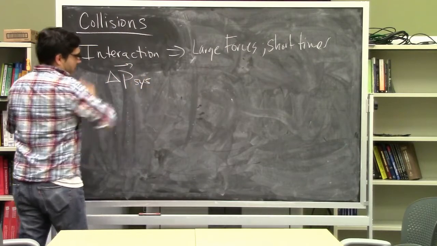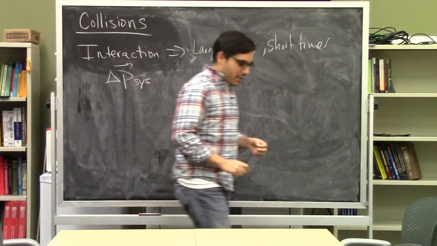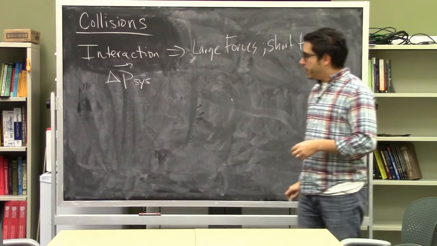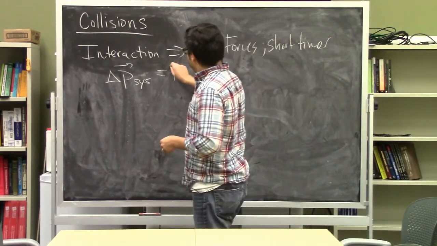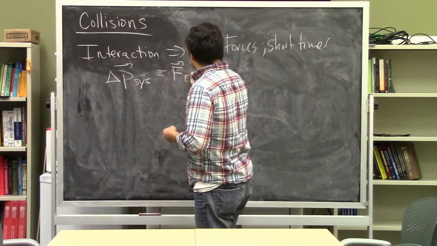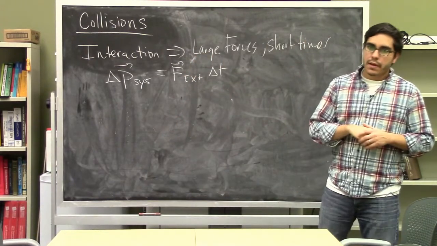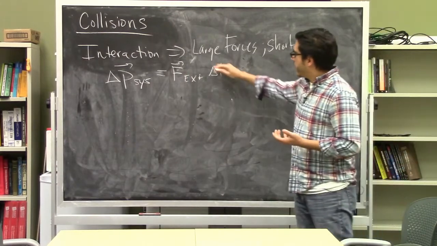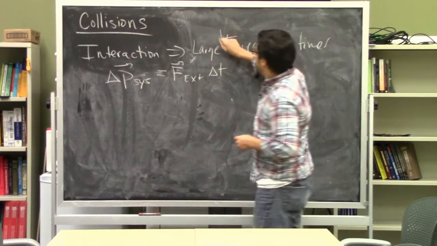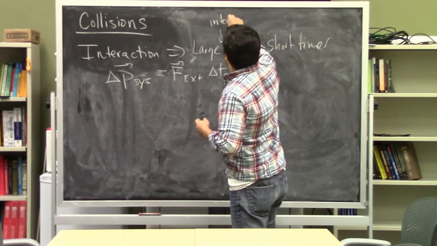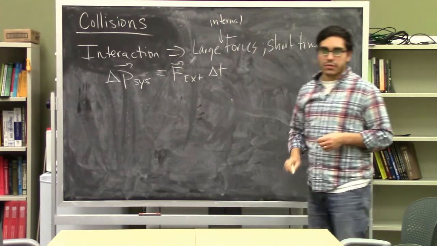If we have one or more objects, we're going to talk about the momentum of a multi-particle system and how that relates to the external forces over the time interval of the interaction. As I'm talking about large forces, what I should actually be saying is that these are large internal forces, internal to the system.